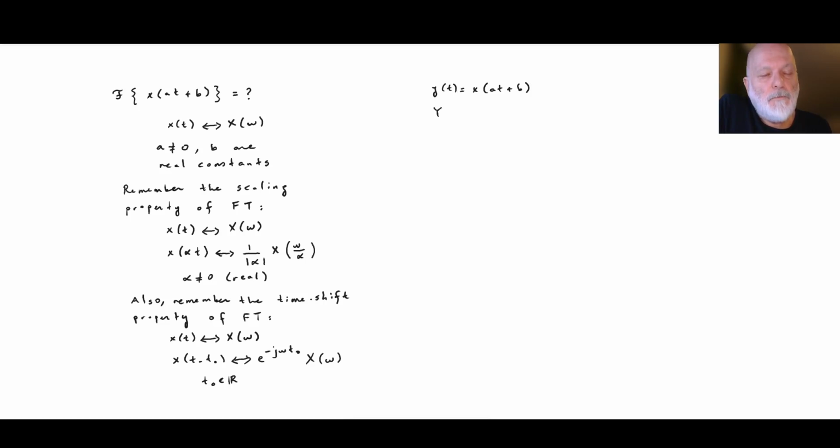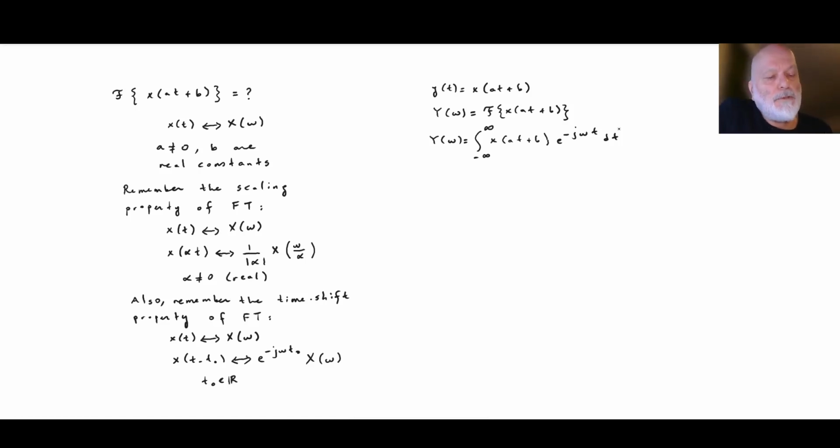So, Y of omega is the Fourier transform of x of at plus b, or we can write Y of omega as the integral from minus infinity to plus infinity of y of t, which is x of at plus b, times e to minus j omega t, integrated with respect to t.